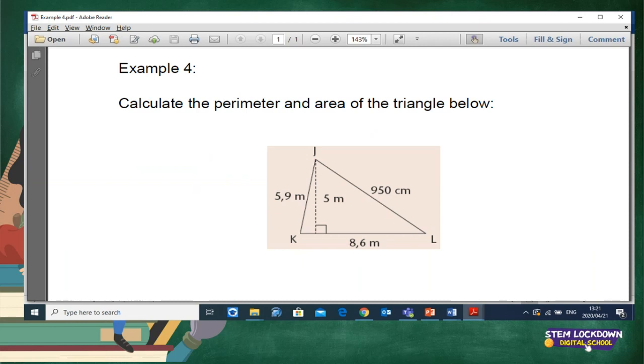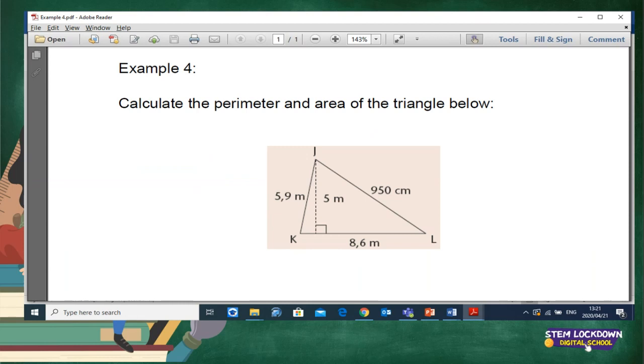Now, what is the question? Calculate the perimeter and the area of the triangle below. How are we going to calculate the area of this triangle and the perimeter? Obviously, for the perimeter, you add all the sides, as we've said in the beginning.